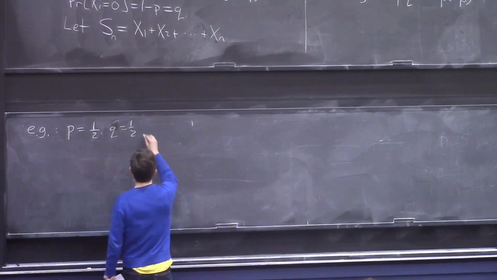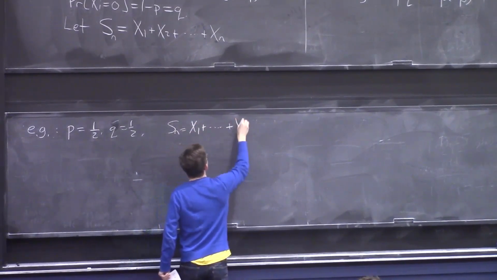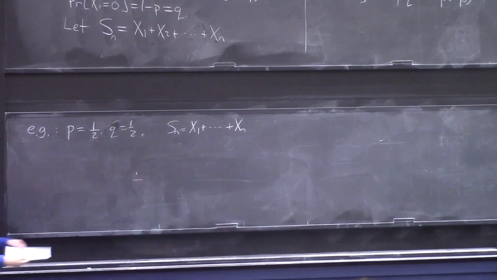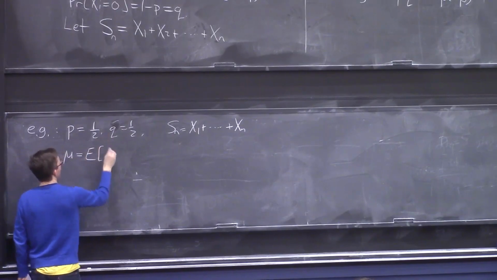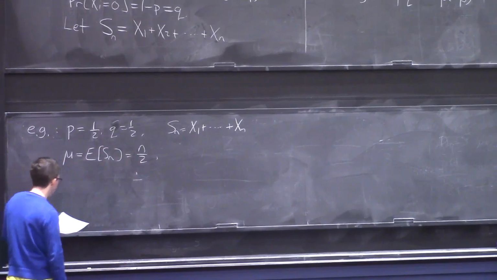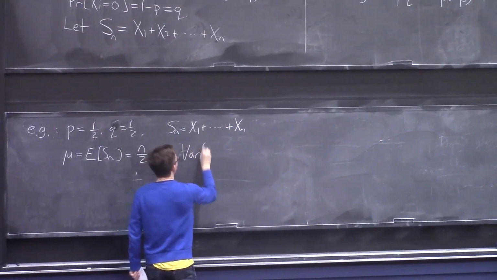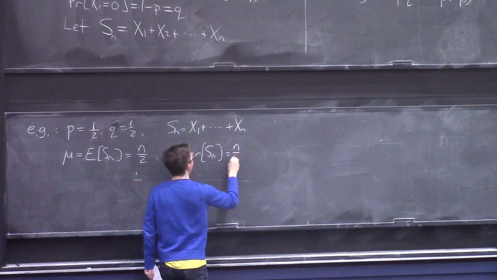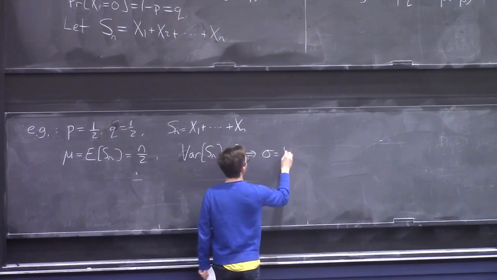In this case, this random variable Sn is like a random variable representing the number of heads when you do n fair independent coin flips. So its mean, as we see from up here, is n over 2. And its variance is n over 4, and therefore its standard deviation is root n over 2.